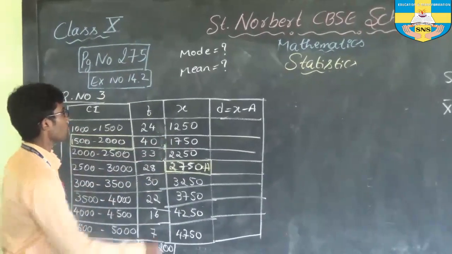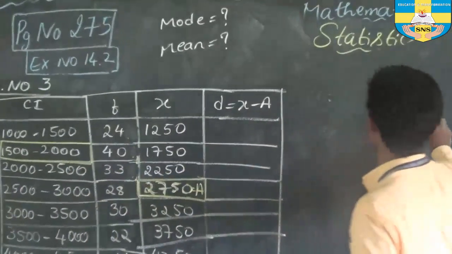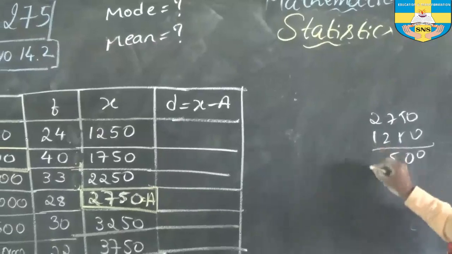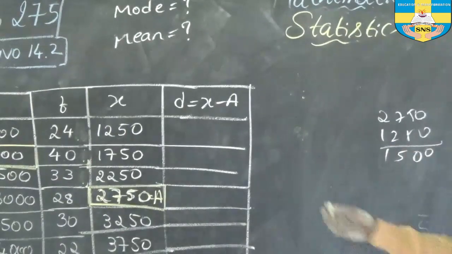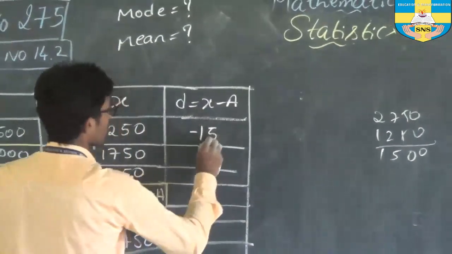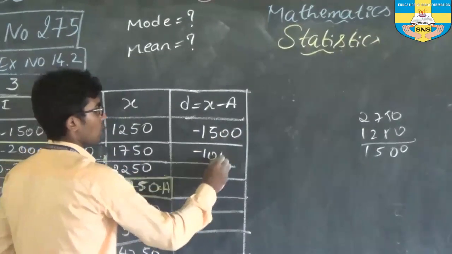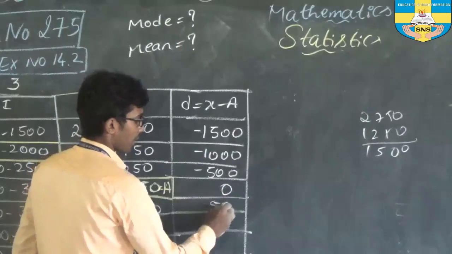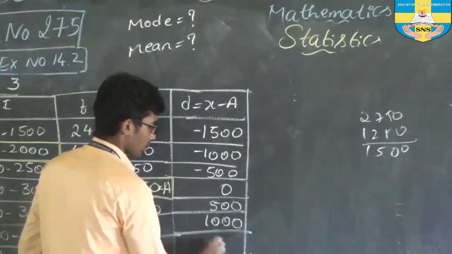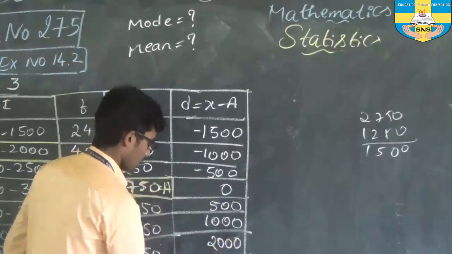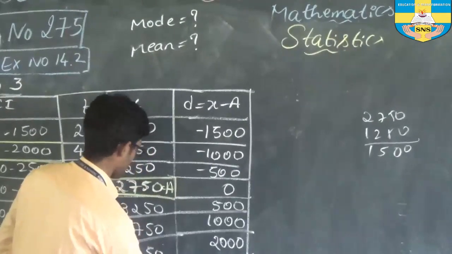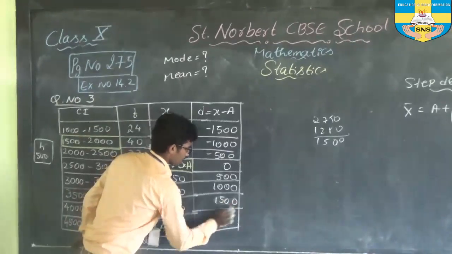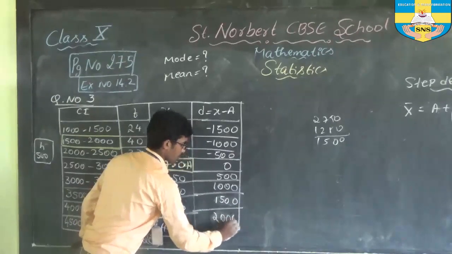If you subtract, what will be your answer? It will be minus 1500. This is minus 1500, minus 1000, minus 500, 0, 500, 1000, 1500. Sorry, this is 1500. Here it will be 2000.